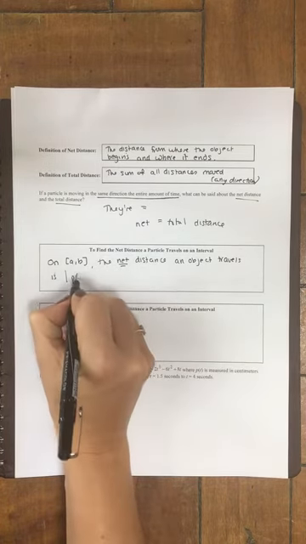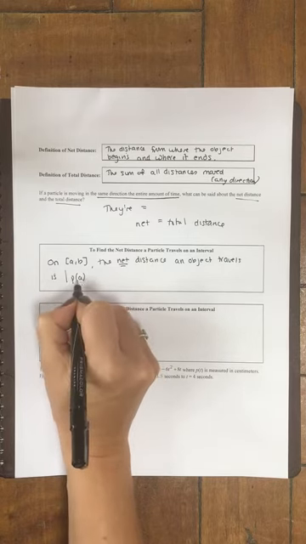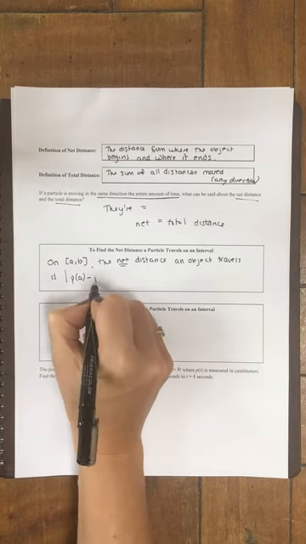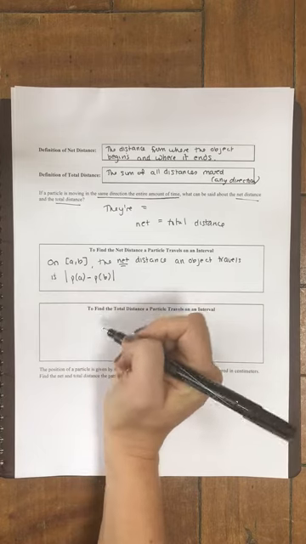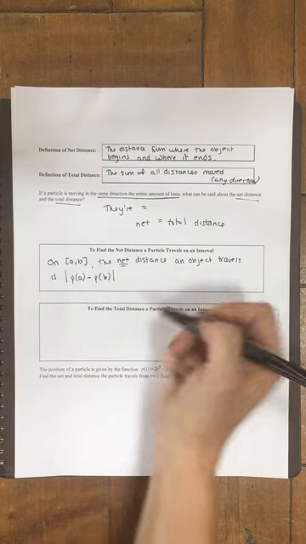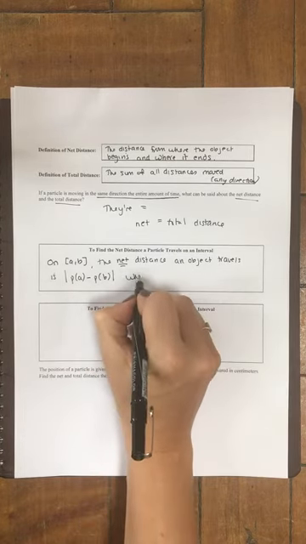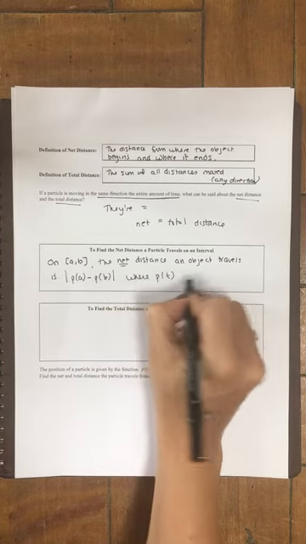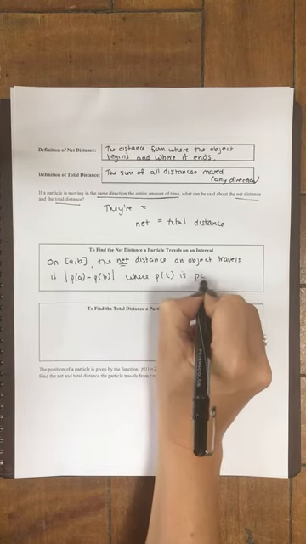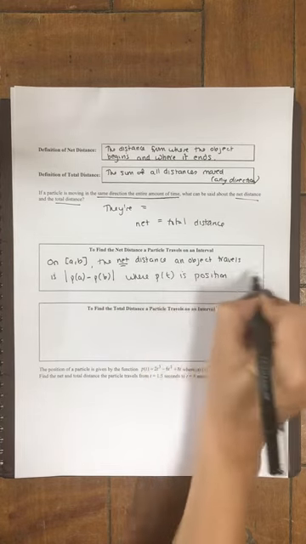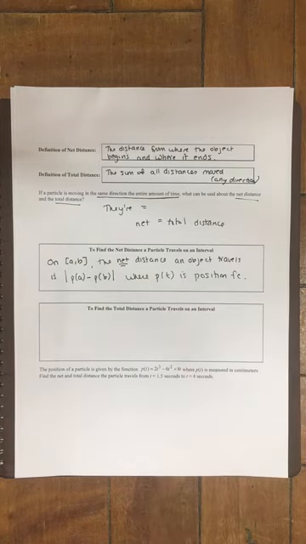The absolute value of the initial position minus the final position. Absolute value P of A minus P of B, where P of T is the position function.